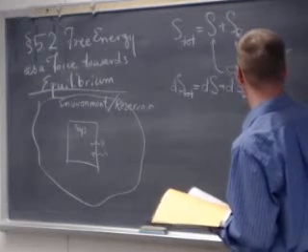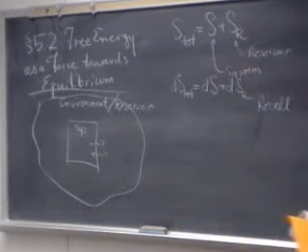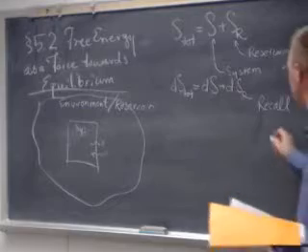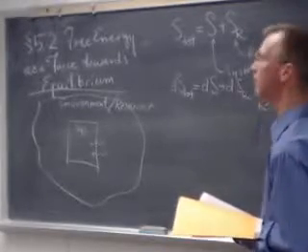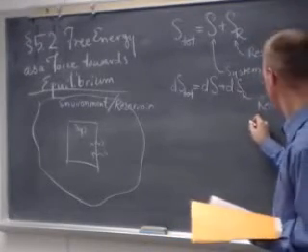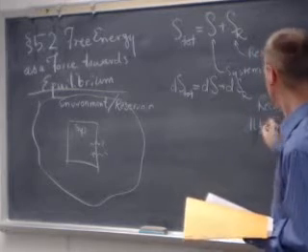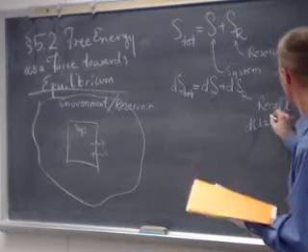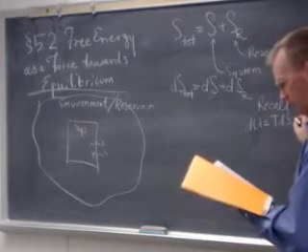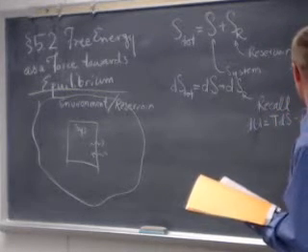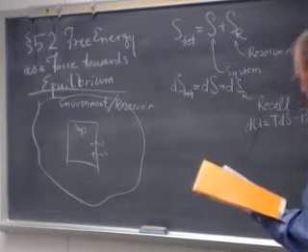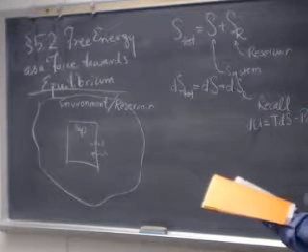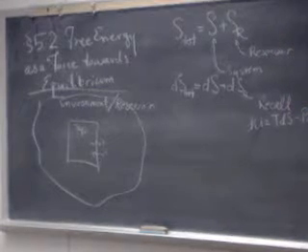Recall the thermodynamic identity: dU equals T dS minus P dV plus mu dN.